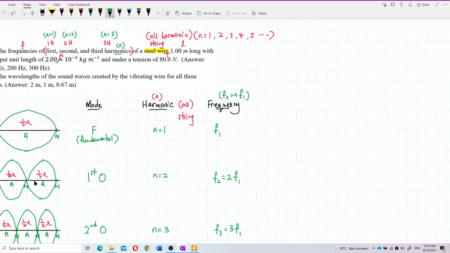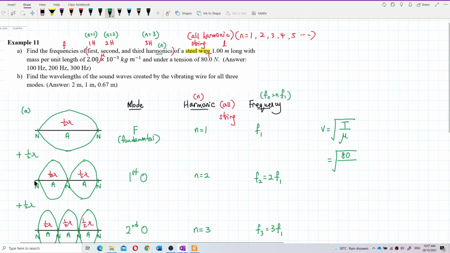So let's find the V, which is square root of tension over mu. Tension is 80 Newton, and mu is already in SI unit, so no worries to change the unit: 2 times 10 to the power negative 3.